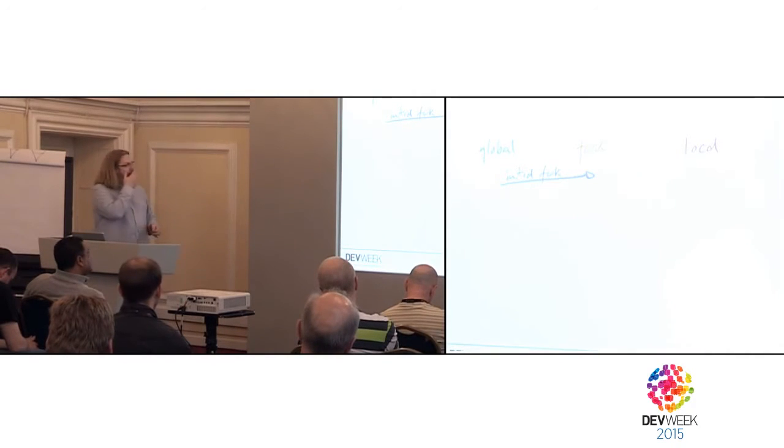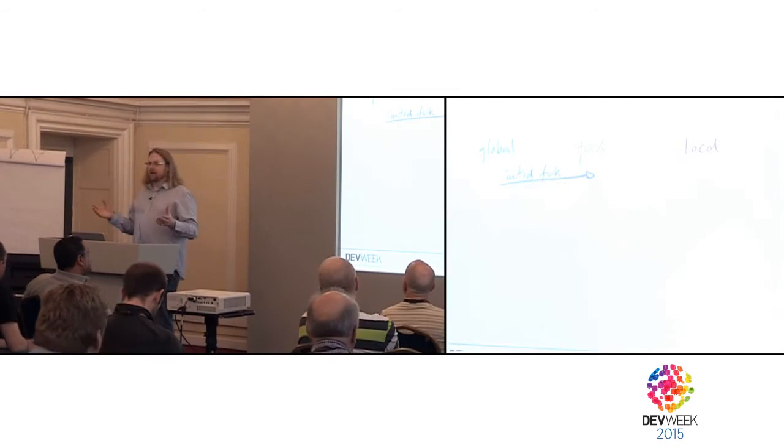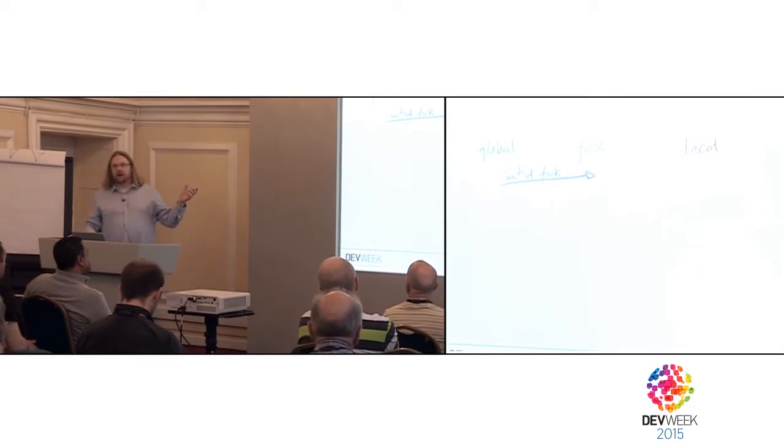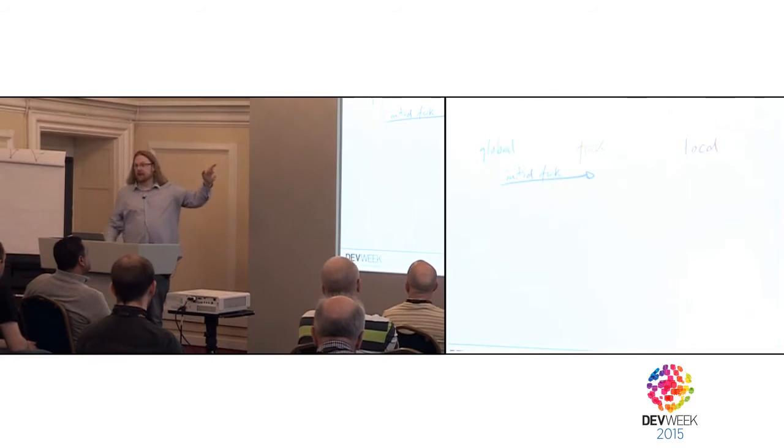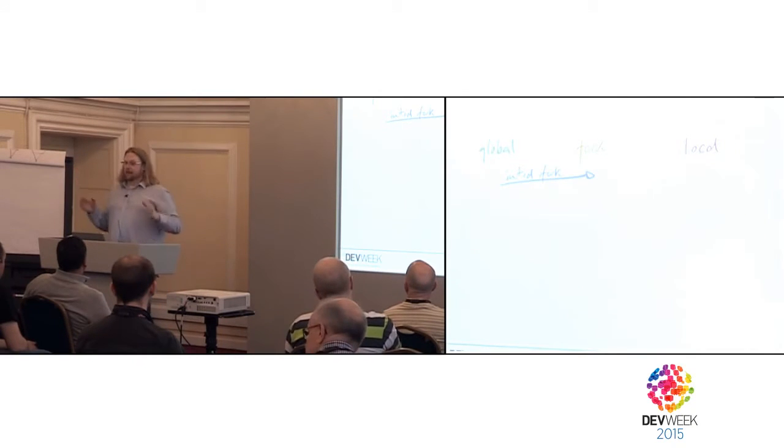So just as an idea of how you can set up a workflow, this is the workflow that we're currently using at my place of employment. For every API that we deal with, we have a global GitHub repository for the API.